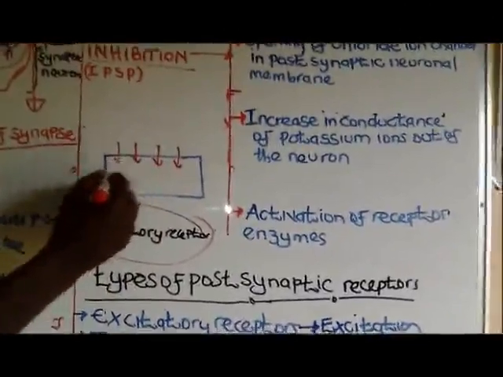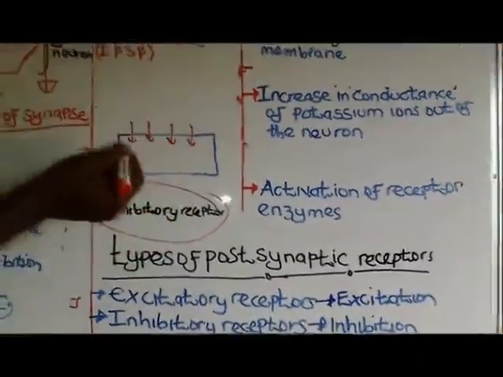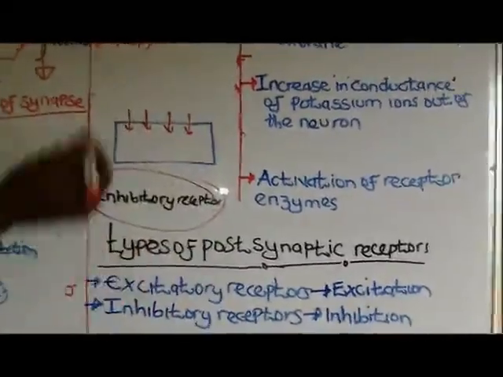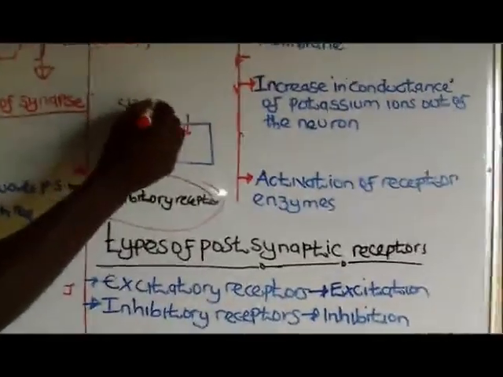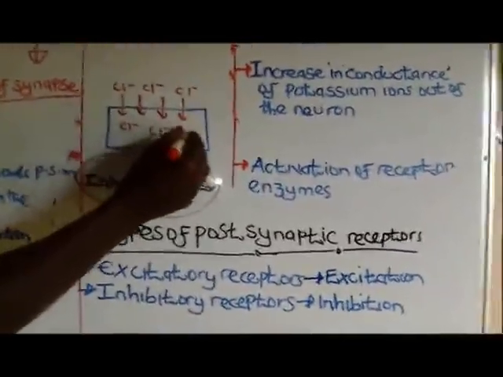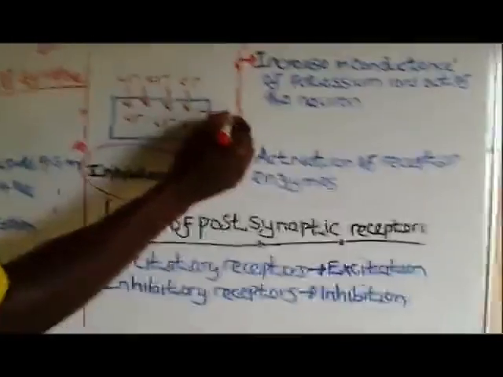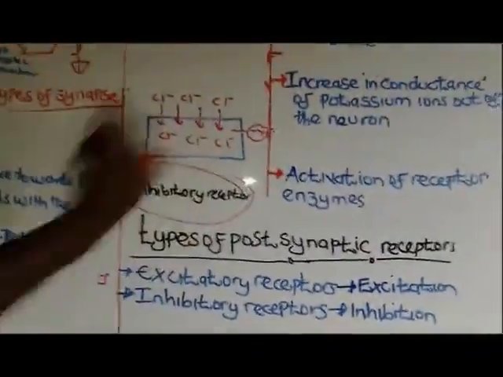Assuming this is the postsynaptic membrane of the postsynaptic neuron, we see many chloride ions entering in. When the chloride ions are entering in, we are going to see a bigger negative charge inside because of the entrance of the chloride into the neuron.